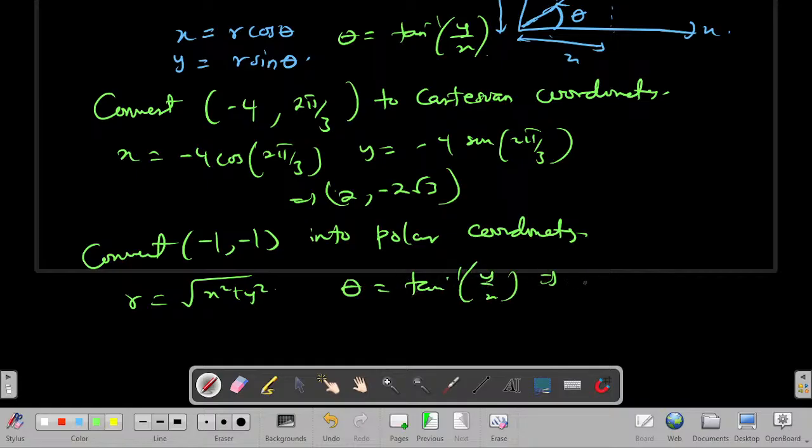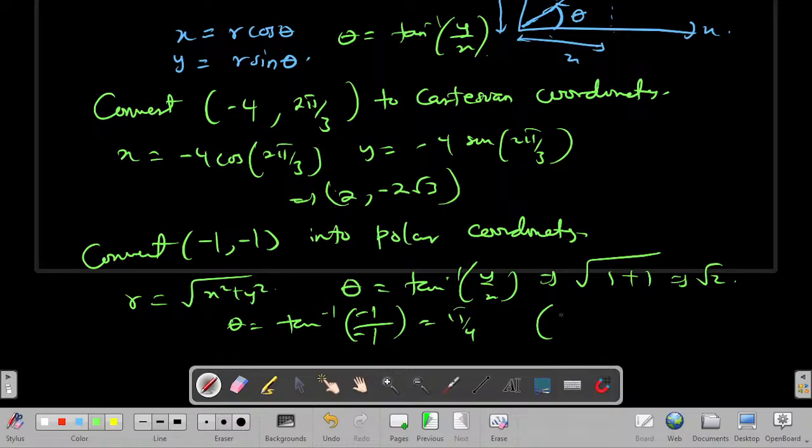Therefore, I'll have the square root of 1 plus 1, because when I square they become positive, which is the square root of 2. Makes sense, right? So I have my r to be root 2. My theta is simply equal to tan inverse of -1 over -1, that is pi on 4. My polar coordinates are simply what? Root 2, comma, pi on 4. Simply that.